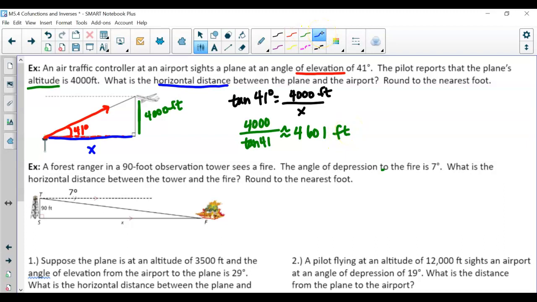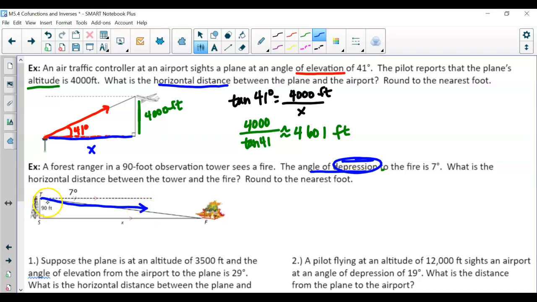So in the next example here, a forest ranger in a 90-foot observation tower sees a fire. The angle of depression, right? So angle of depression is 7 degrees. So that means from the observation tower looking down, right?